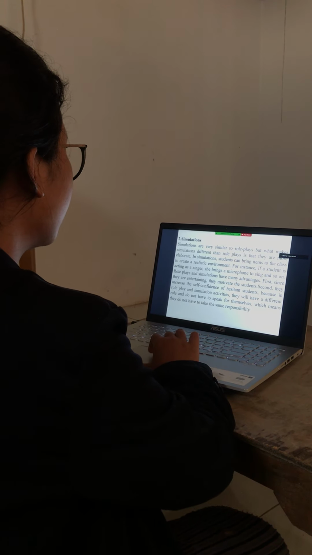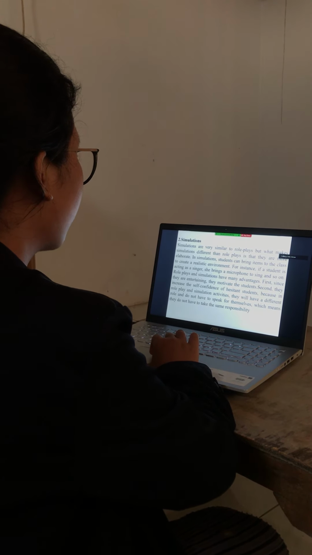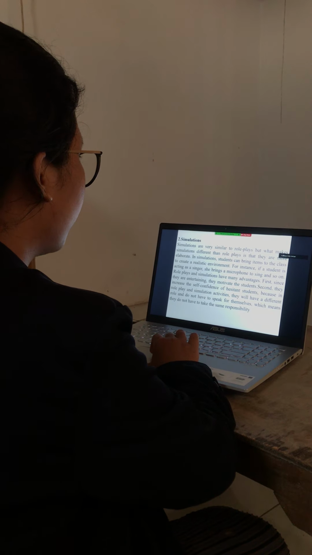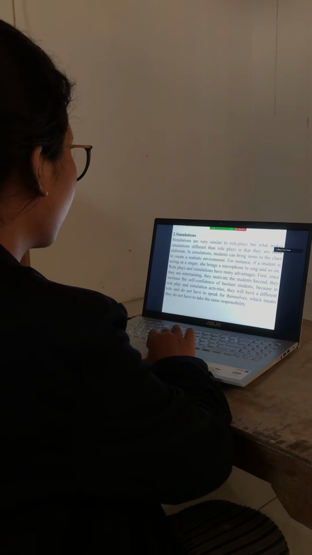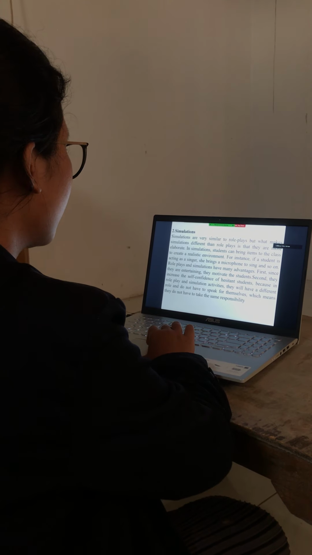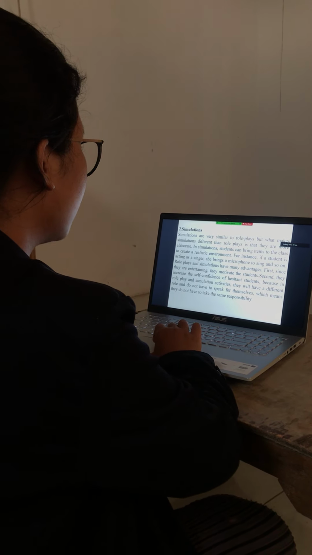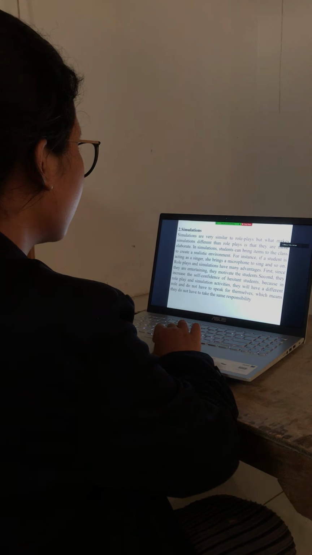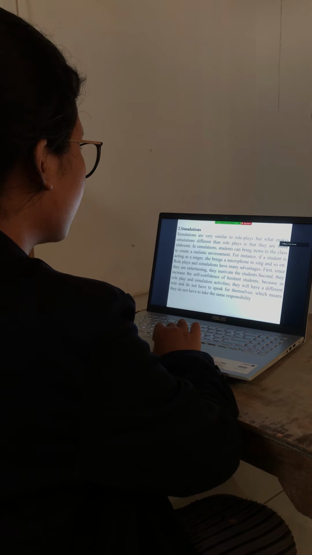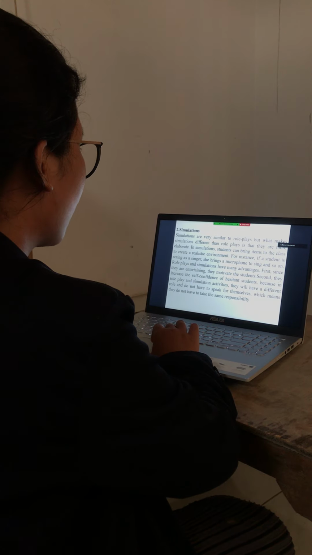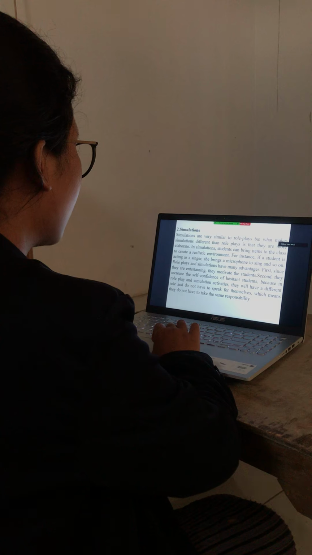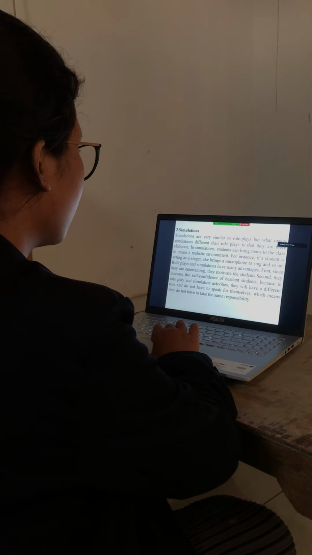And then the second, simulation. Simulations are very similar to role play, but what makes simulation different from role play is that they are more elaborate. In simulation, students can bring items to the class to create a realistic environment. For instance, if a student is acting as a singer, she brings a microphone to sing and so on. Role plays and simulations have many advantages.